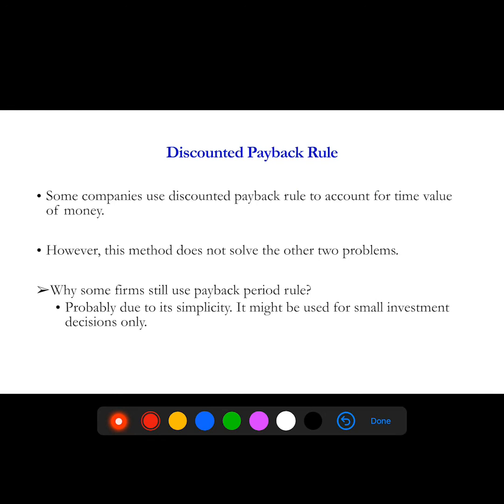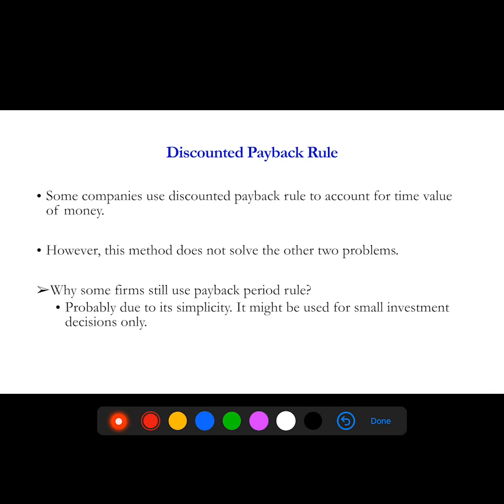So the question here is that if decision rules, such as the payback rule and discounted payback rule, are not appropriate decision making tools, why do some firms still use them? The answer is that this is a very simple technique.